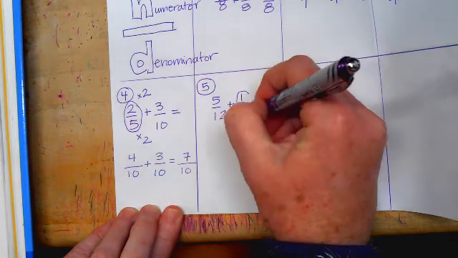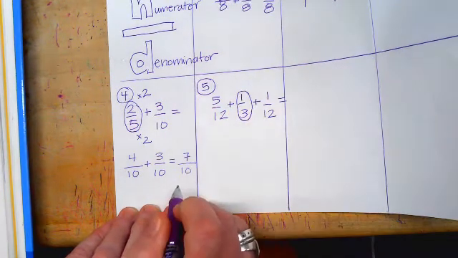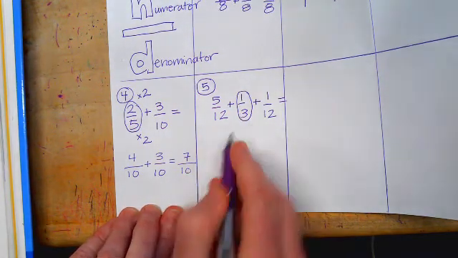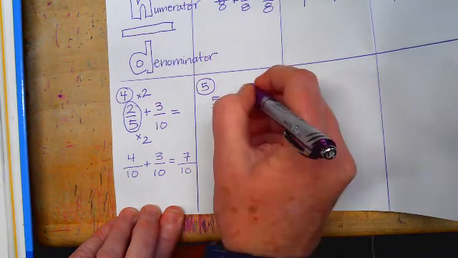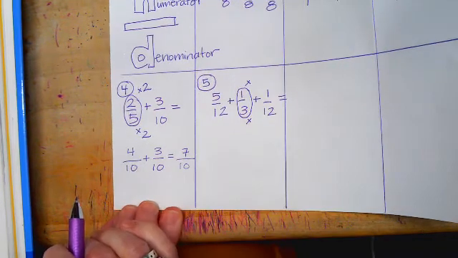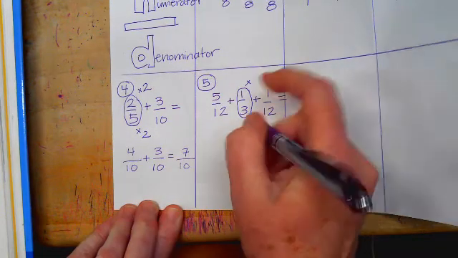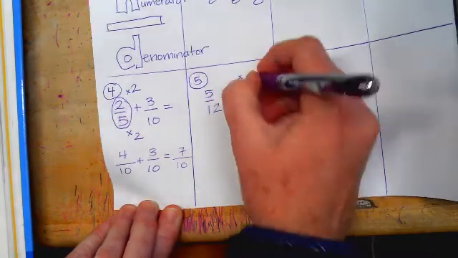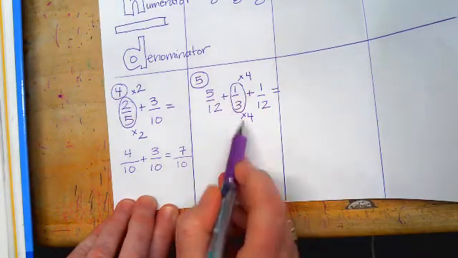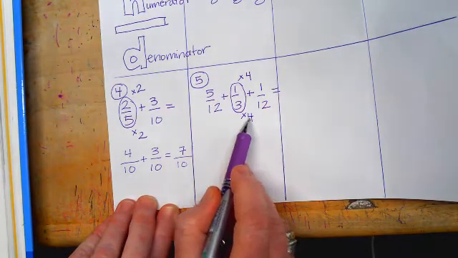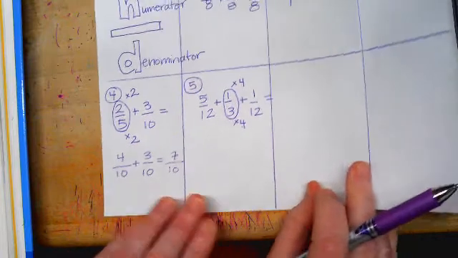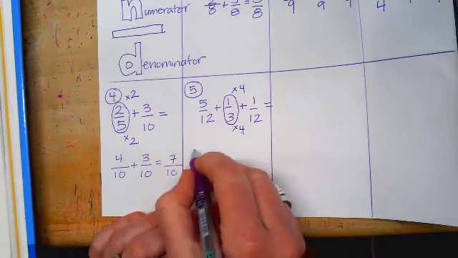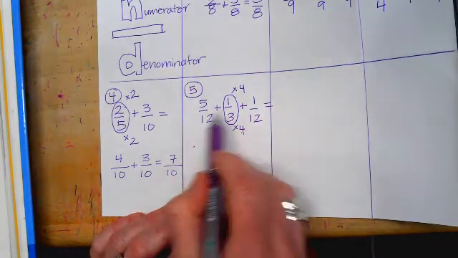We have 5/12, we have 1/3, we have 1/12. I think it's probably going to be easiest to take the smaller one and convert it into a 12th. So 3 times what number is going to equal 12? 3 times 4. And again, whatever we do to the bottom, to the denominator, we have to do to the numerator.